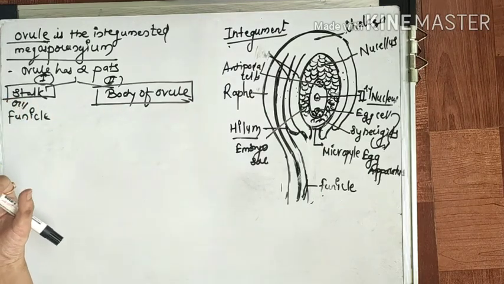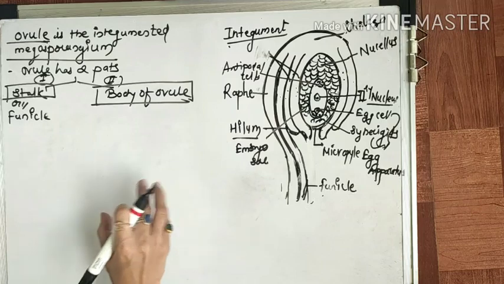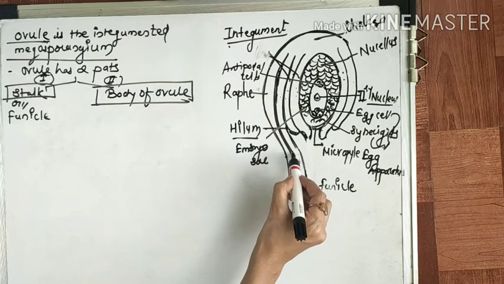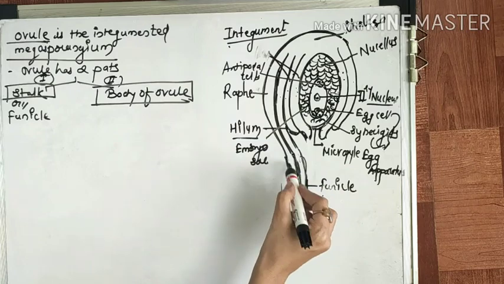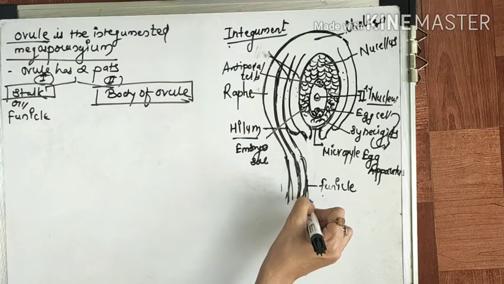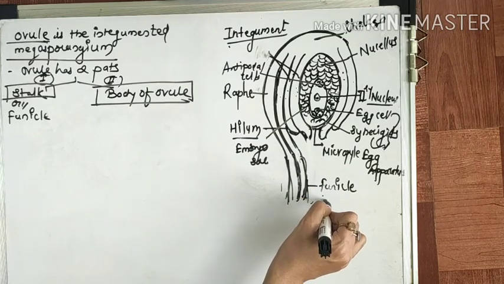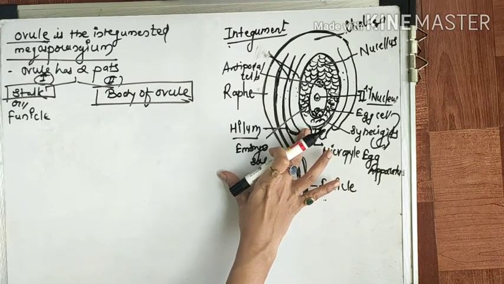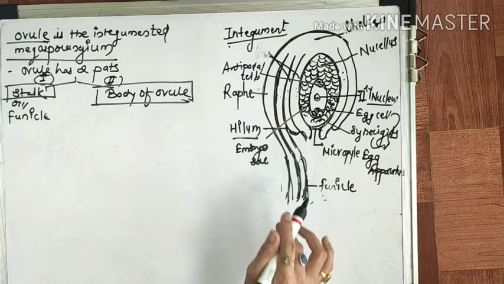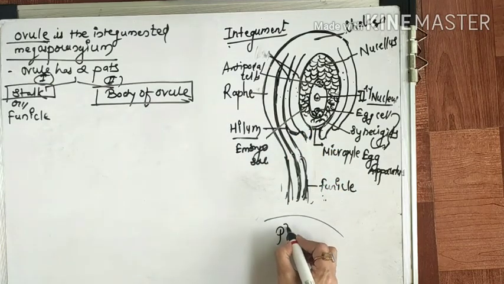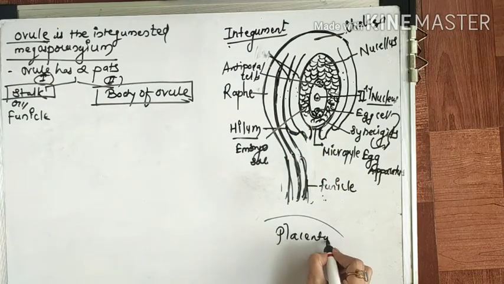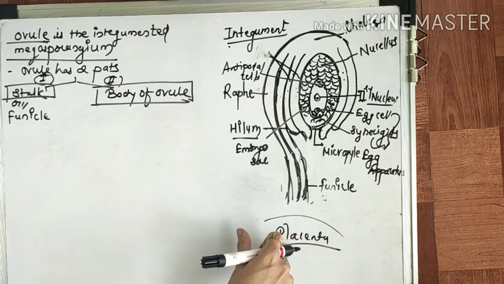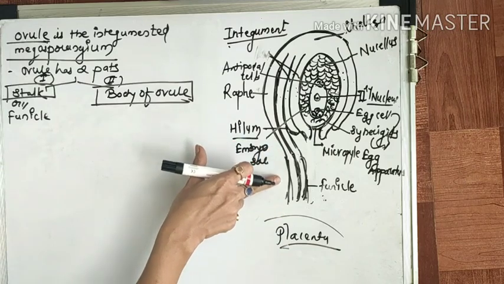The ovule is attached to this placenta by means of a stalk. You can see this structure, that is called the stalk or funicle. Now this is the ovule, you know that, right? Here the placenta is there. Now these ovules are attached to this placenta by means of one stalk.